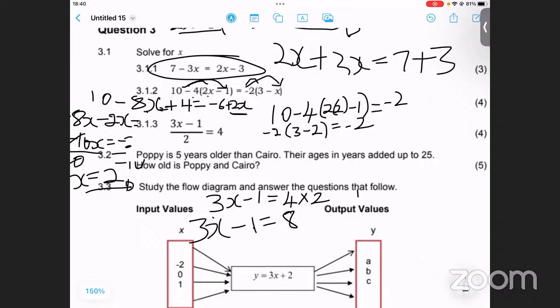3x minus 1. Okay. And then I moved the minus 1 to the other side of the equal sign. So it's 8 plus 1 is equal to 3x. And then I got 9 is equal to 3x. I divided that 9 by 3, and I got 3 is equal to x.